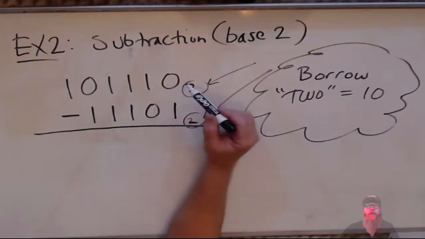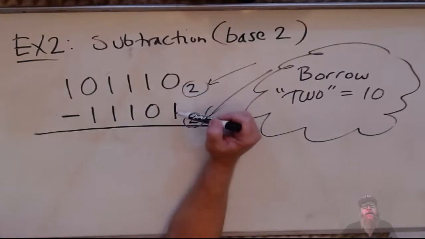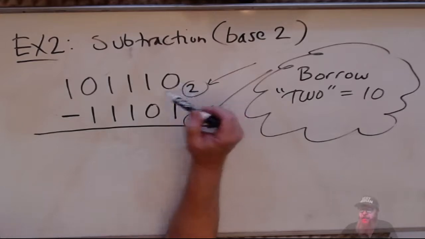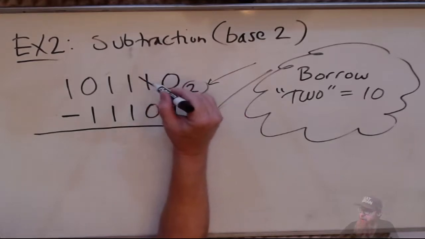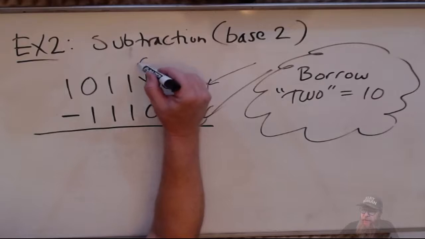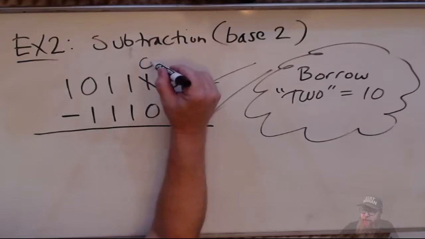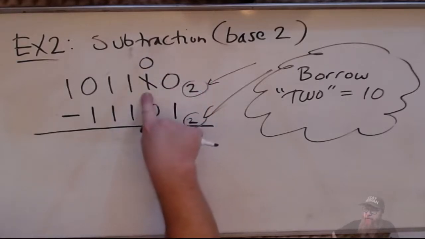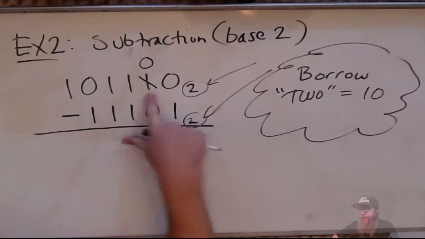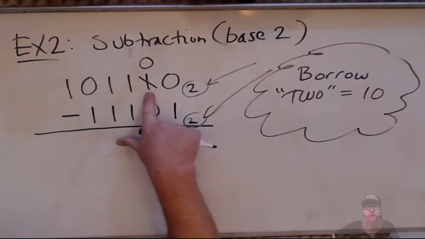So here we go. 0 minus 1. Well, I cannot subtract 1 from nothing. So I'm going to borrow from this, which really means 10, but really means 2. It looks like a 10. It really means 2.